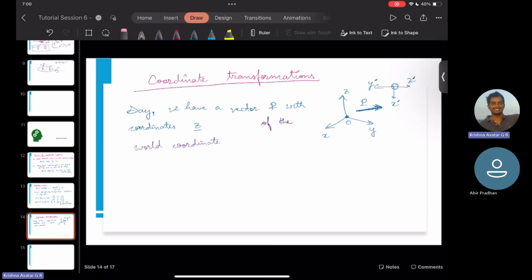Or with respect to the world coordinate system. And of course, Z is an element of R3.